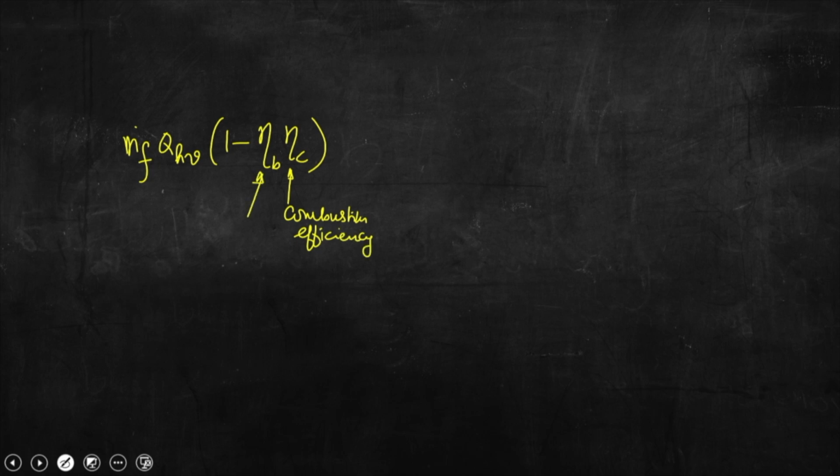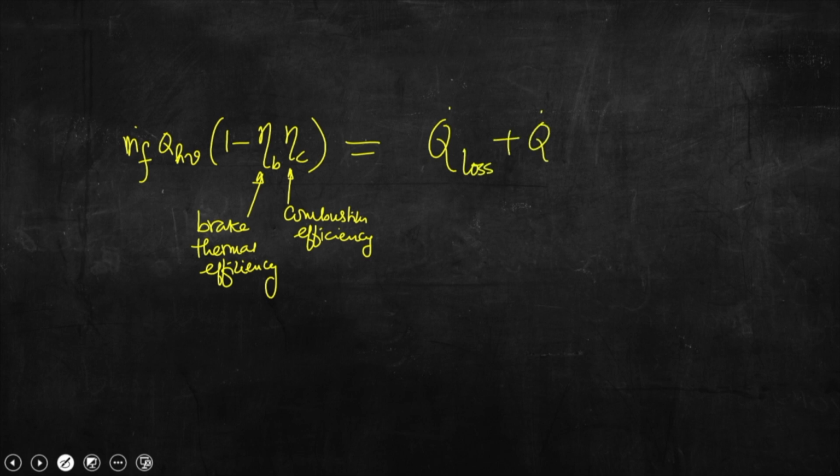We have discussed this aspect in the last class, and that is break thermal efficiency. So, this amount is of no use, right. That is essentially, if we remove this parasitic load, that is essentially q dot loss plus q dot loss through exhaust gases, right.